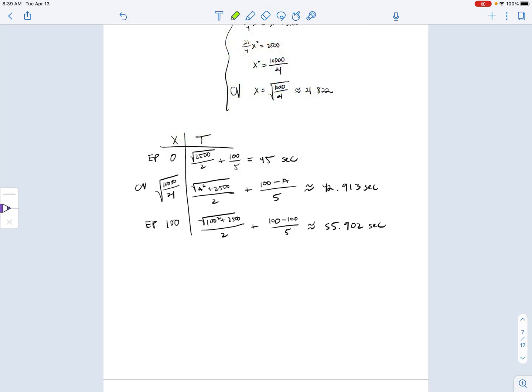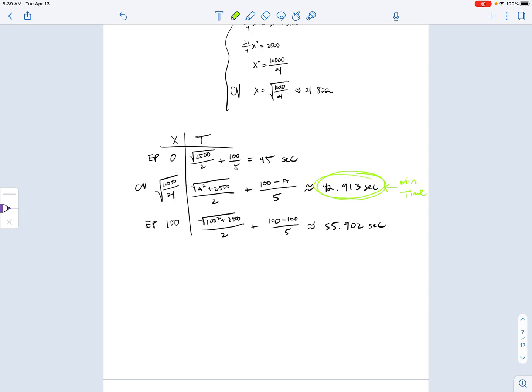Okay, so when x is equal to our critical value, that is going to minimize the time. That's our minimum time, Jill's minimum time.